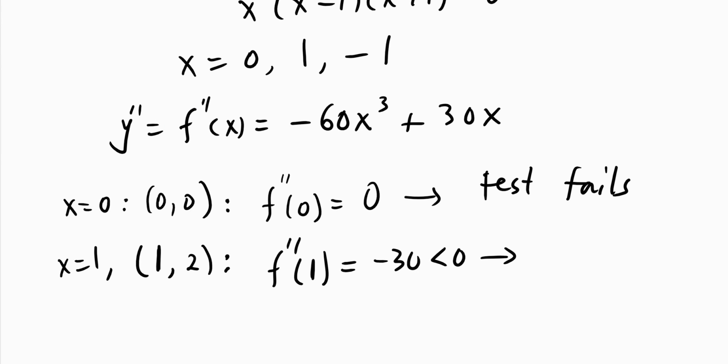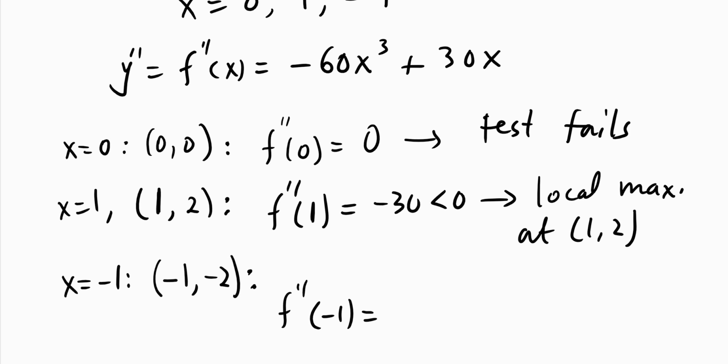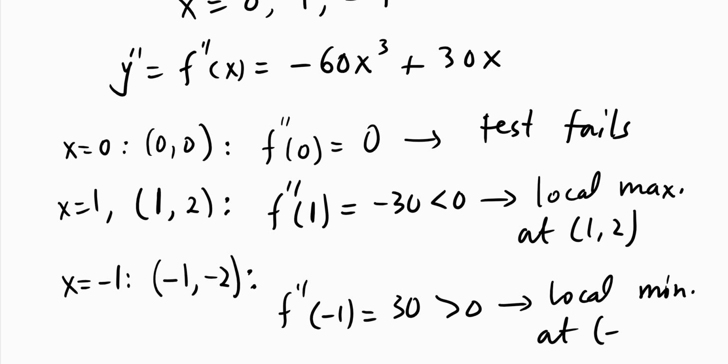So the second derivative test tells us that there is a local maximum at the point 1 comma 2. And the last point, x equals negative 1. If you substitute that into the original function, we get negative 1, negative 2. So if you evaluate the second derivative at negative 1, that would be positive 60 minus 30. So that's 30, bigger than 0. So there's a local min at negative 1, negative 2.